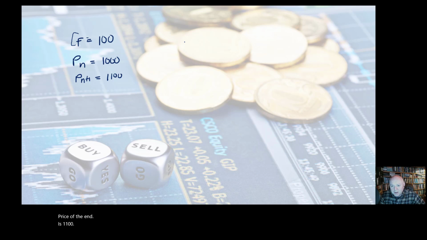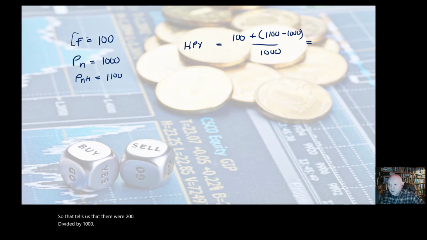The holding period yield was equal to 100 cash flow plus the change from the end to the beginning, over the price at the beginning. So that tells us that there was 200 in cash flow divided by 1,000. So our holding period yield was 20%, 0.2 or 20%.